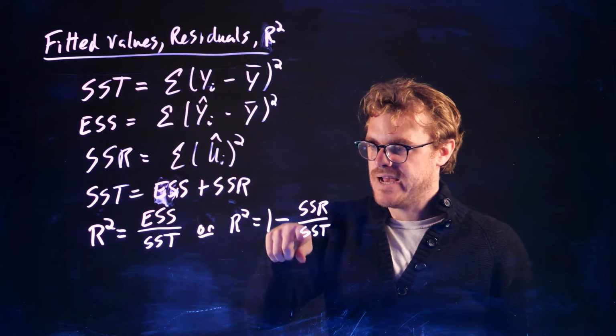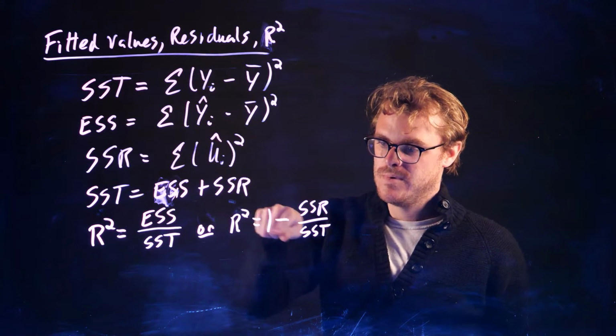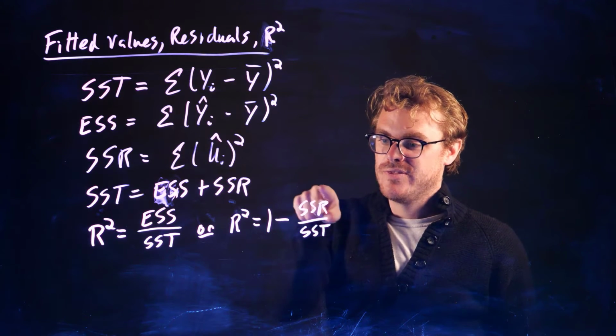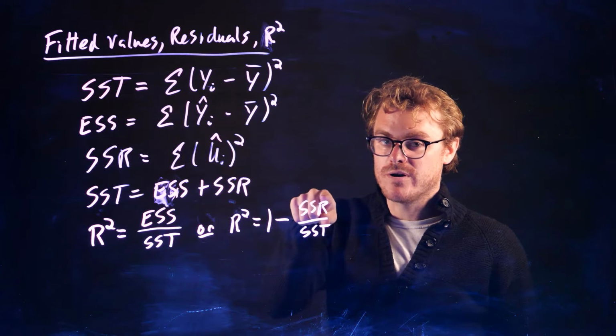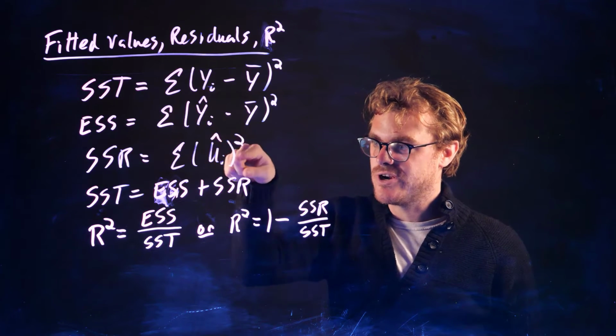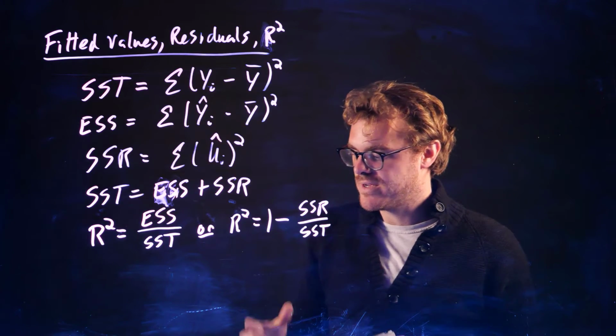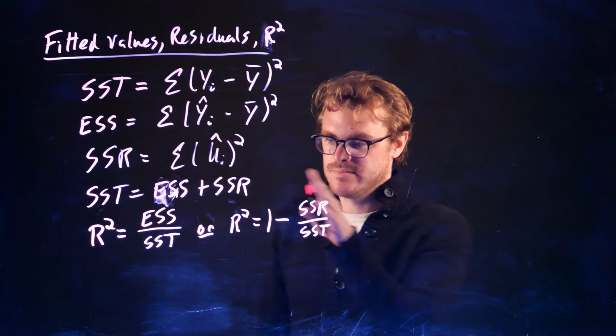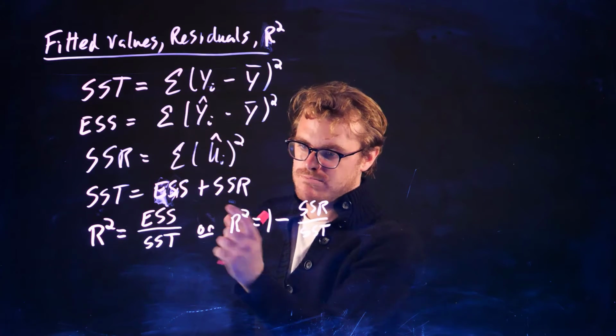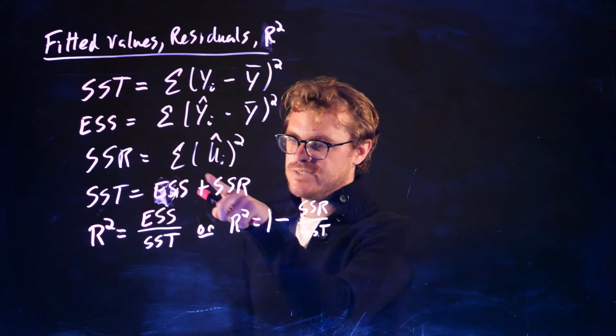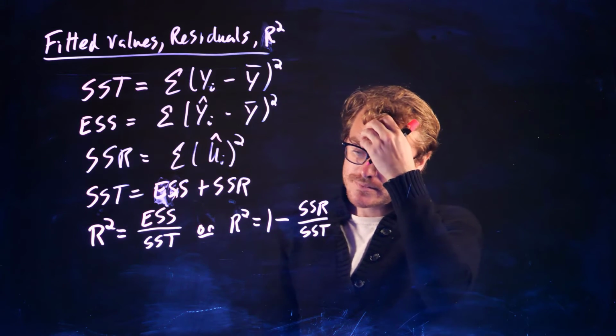Or we can think of it as 1 minus the variation in y we're not explaining, or the variation in the residuals over the variation in our y. I think that's a better way to think about it. Either way, you're going to get the same number. We're just mathematically playing around with these equations to go between them.